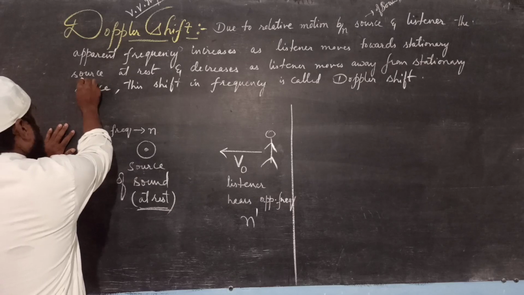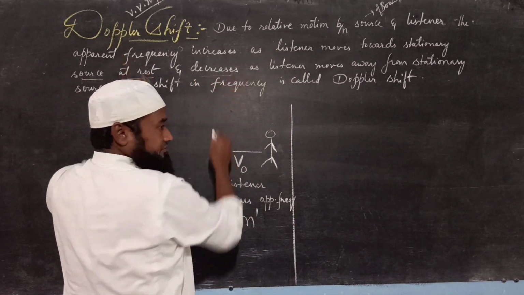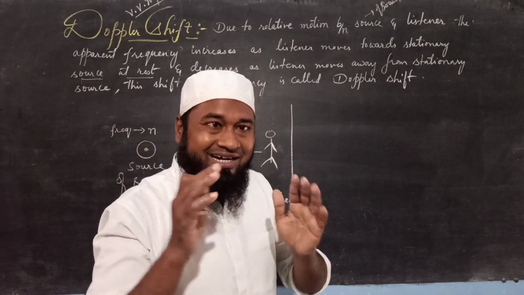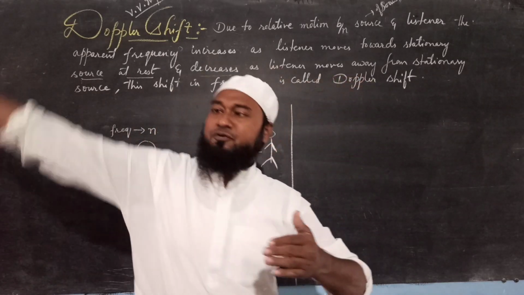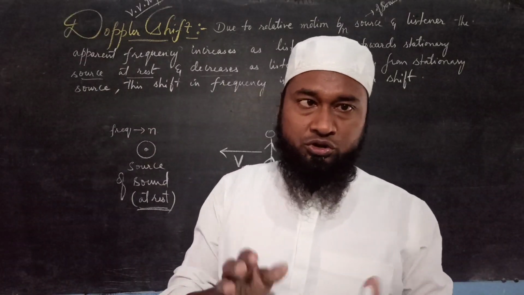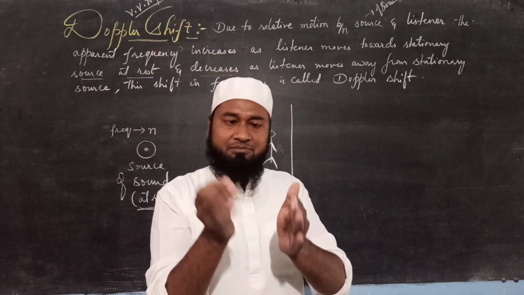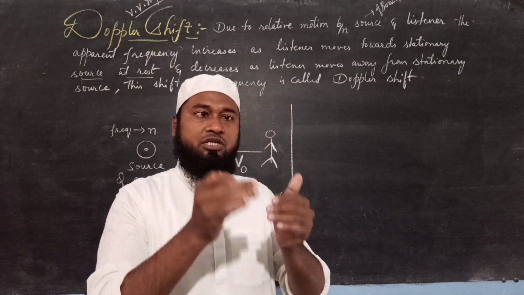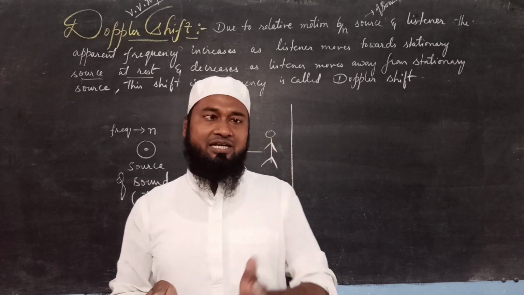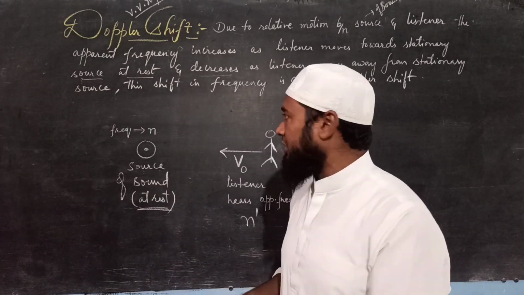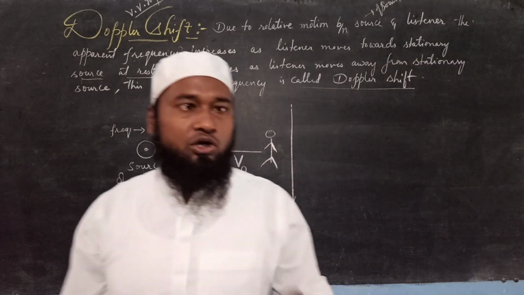The apparent frequency of sound decreases as the listener moves away from the stationary source. So this shift in frequency, sometimes increasing, sometimes decreasing, due to the movement of the listener or observer, is called Doppler shift.